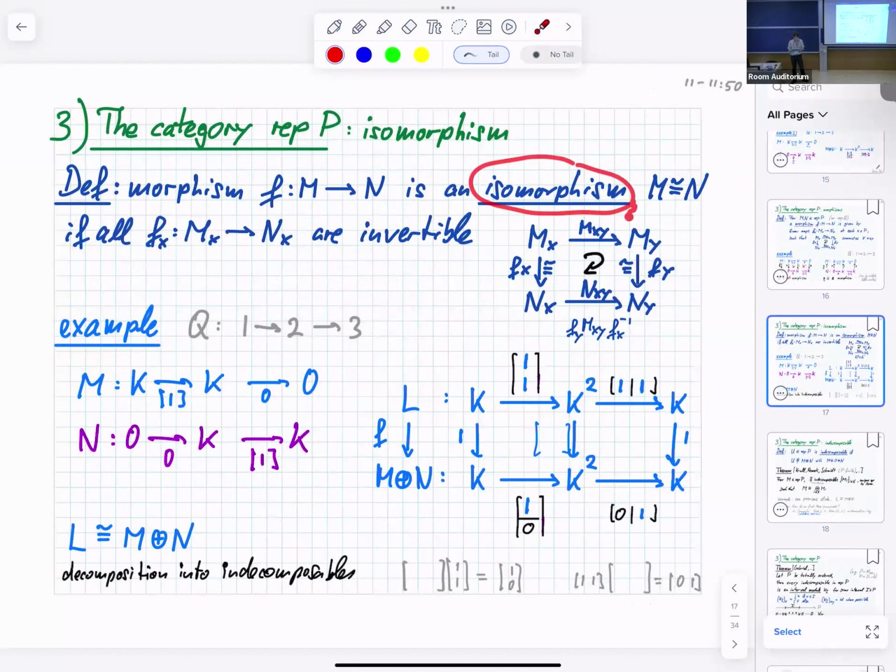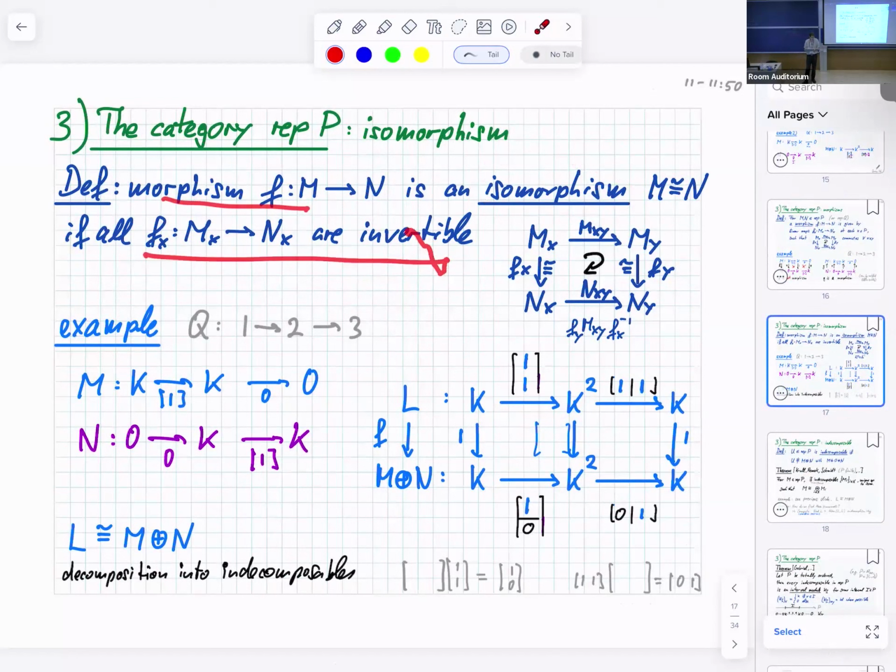An isomorphism is a morphism where all the maps are invertible maps. If all the maps are invertible maps, then there is an inverse morphism. I can go back and forth. So a morphism in this category is called an isomorphism, and we write M is isomorphic to N with these symbols if there is a morphism where all the maps are invertible maps.